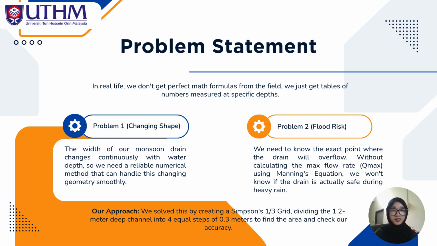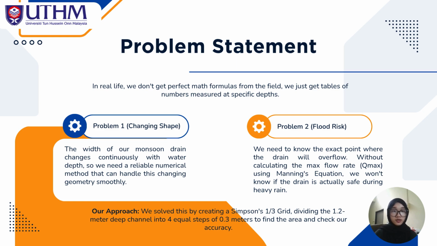Moving on to our problem statement, in real-world fieldwork, we rarely get perfect mathematical formulas to describe a drain's shape. Instead, we usually just get raw numbers measured at specific depths. This leaves us with two main challenges. First, because the width of this monsoon drain changes continually with the water depth, we need a reliable numerical method that can handle this changing geometry smoothly without overcomplicating the math.